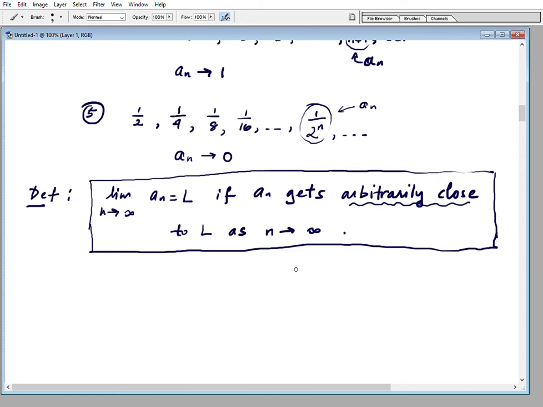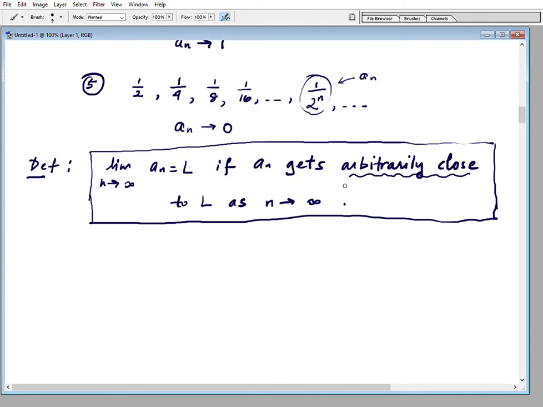Just to give you the precise definition, before I give it, just imagine if you told somebody that the limit is L, and because a to the n gets arbitrarily close to L as n goes to infinity, they say, well, can you get it within 0.1 of L as n goes to infinity? So can you get it to stay within 0.1?